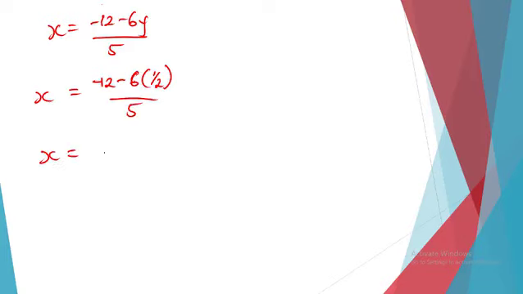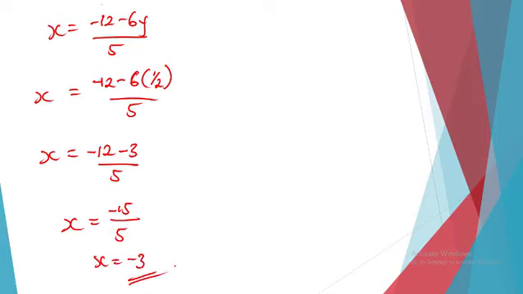Minus 6 times half will give us minus 3, so x is equal to minus 12 minus 3 all over 5. That gives us minus 15 all over 5, and that will give us x equal to minus 3.